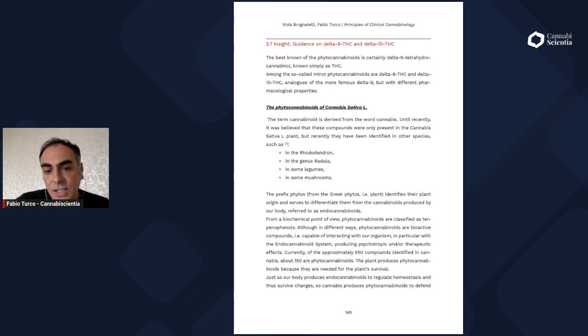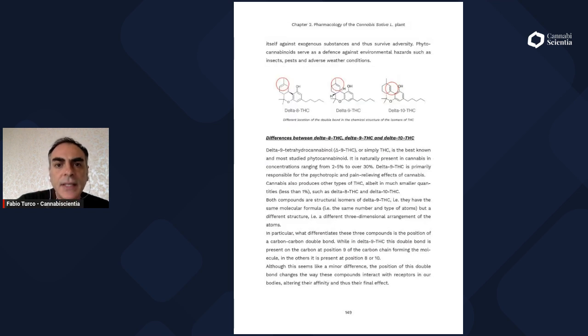Indeed, just as our body produces endocannabinoids to regulate homeostasis and thus survive changes, cannabis produces phytocannabinoids to defend itself against exogenous substances and thus survive adversity. Phytocannabinoids serve as a defense against environmental hazards such as insects, pests, and adverse weather conditions. So they are produced for defensive purposes inside the plants.